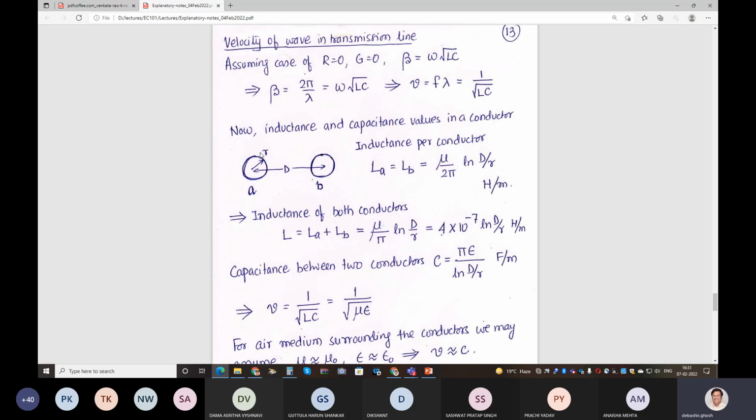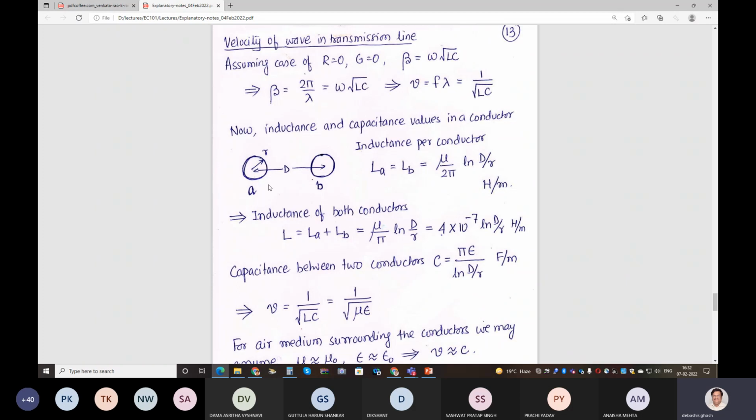Then the inductance offered will be due to the magnetic field created when current is flowing through the conductor. There will be some flux linkage because of the magnetic field created around. I think you have studied this derivation in your CBSE class 12, or maybe in other boards also.